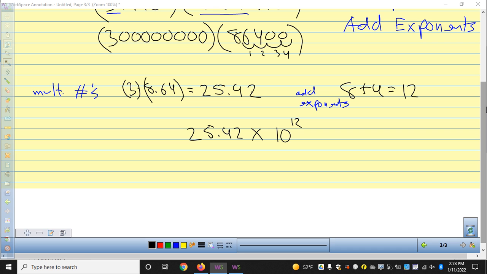Now technically with scientific notation, you're only supposed to have one number in front of the decimal place. So if I move my decimal place 1 this way, I'm going to add 1 to the exponent.